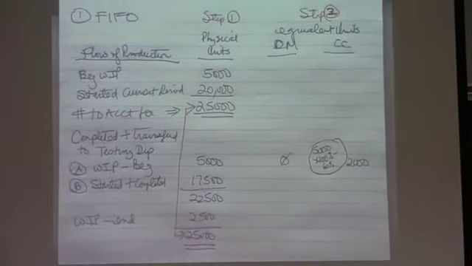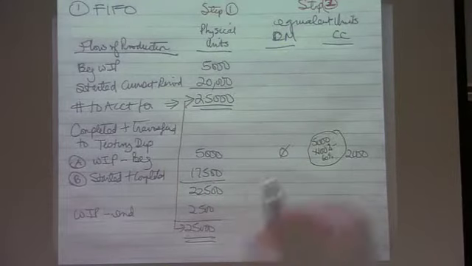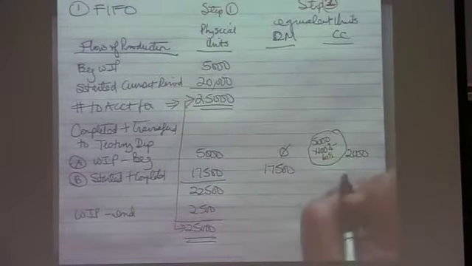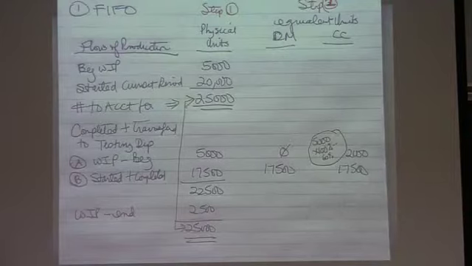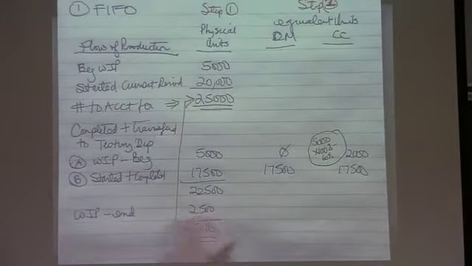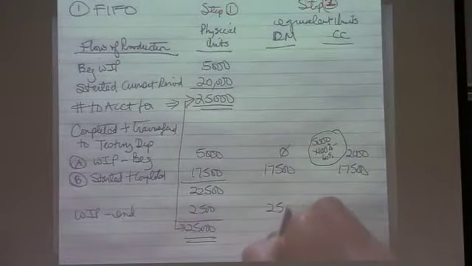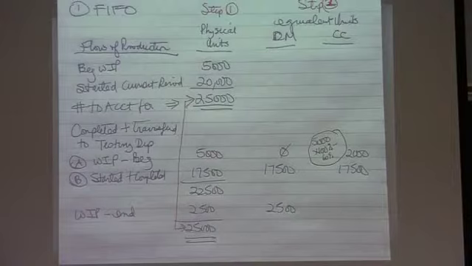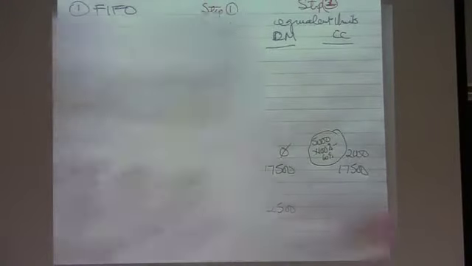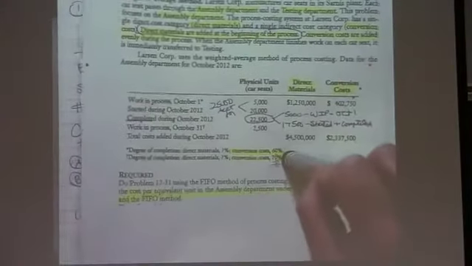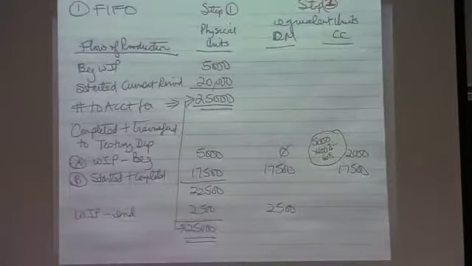Now, of the 17,500, all of that would have been incurred in equivalent units. The 2,500, because we started it and it's still not complete, we know all materials would have been incurred, but we're told that these are only 70% complete for conversion. So that's what we're going to show.